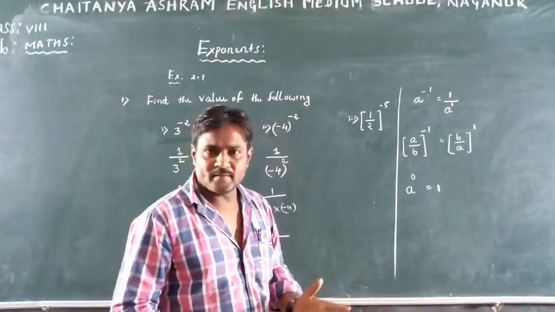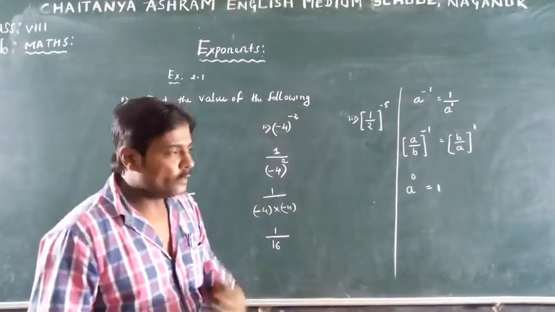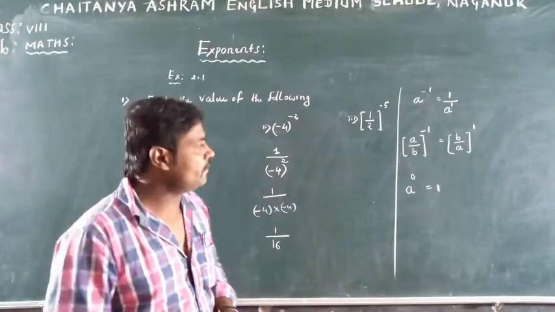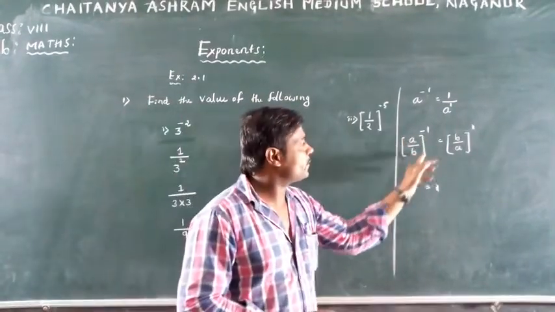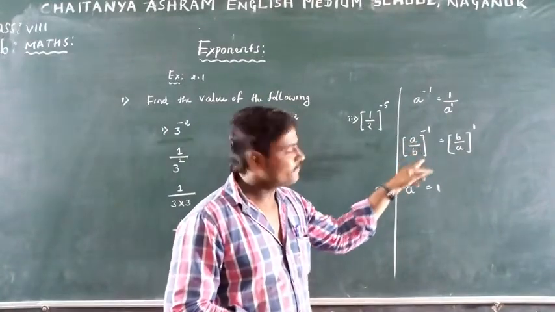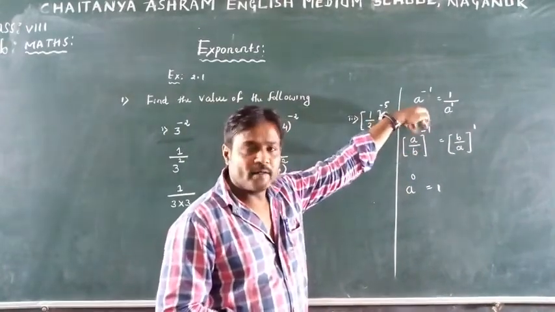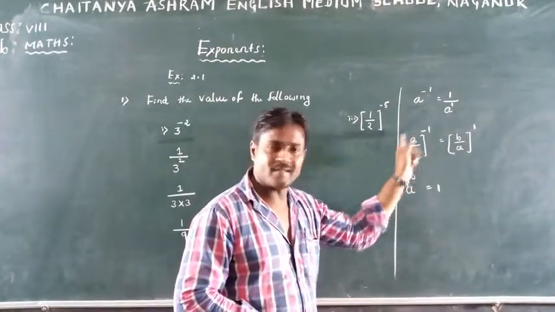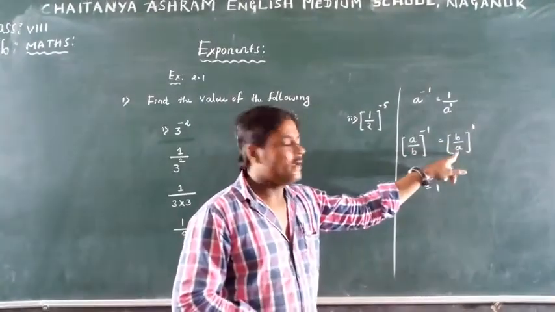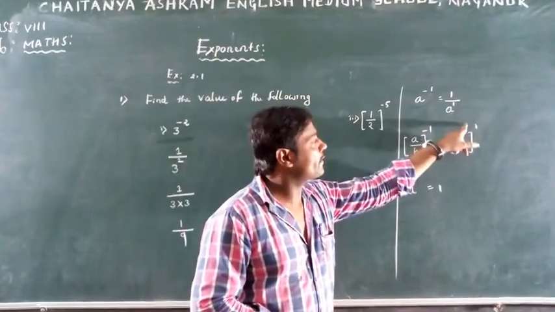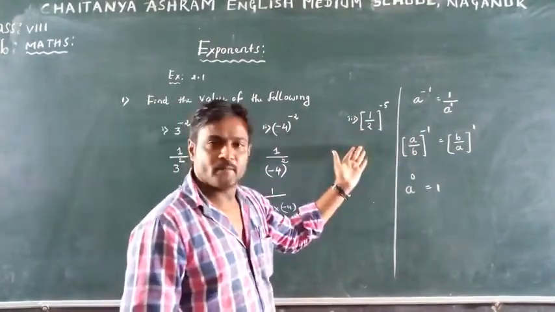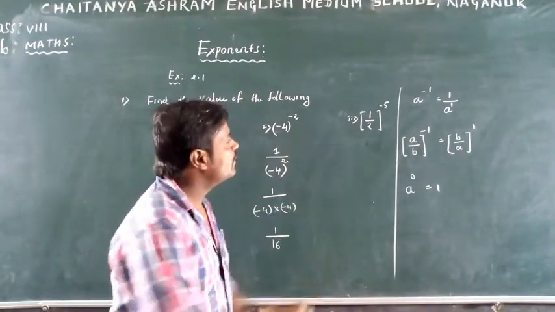We learnt in our previous video through some examples that if the base of an exponent is a fraction with a negative power, its conversion is to write the numerator and denominator interchanged, that is b by a, and write the positive power. Clear? Apply the same thing for this negative exponent.